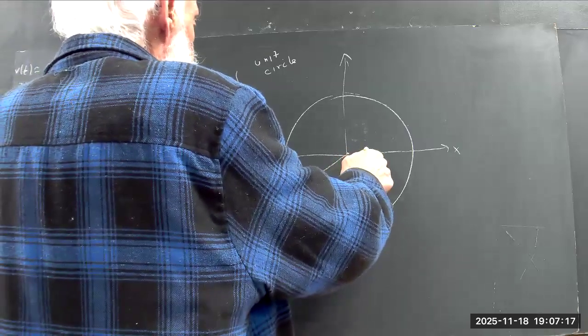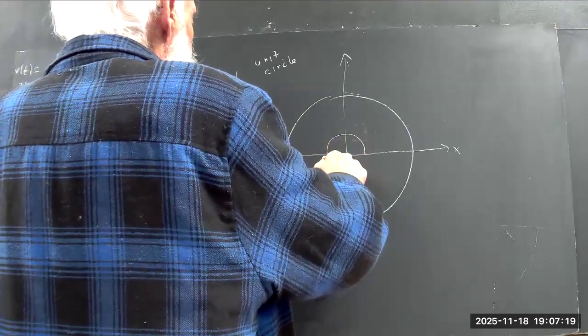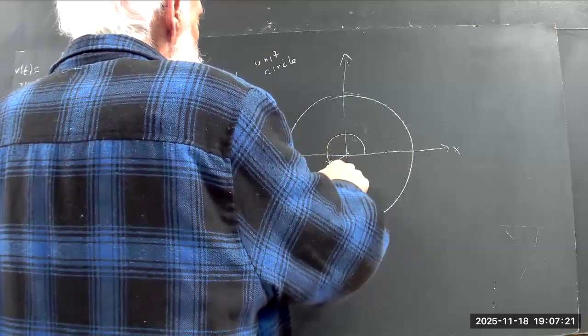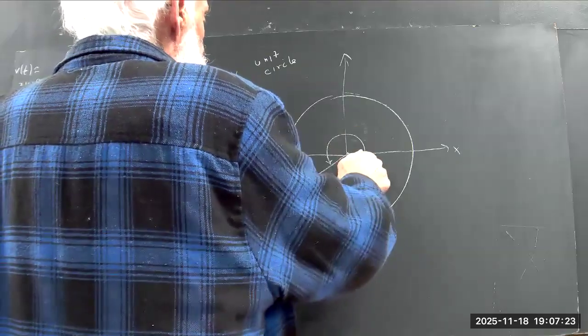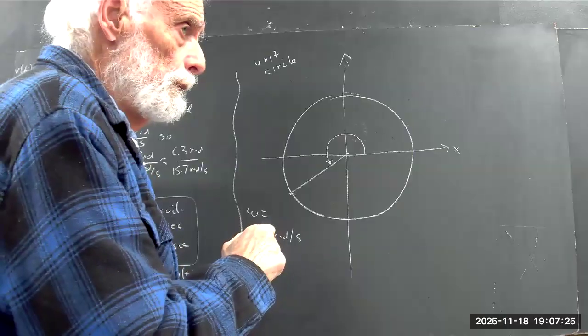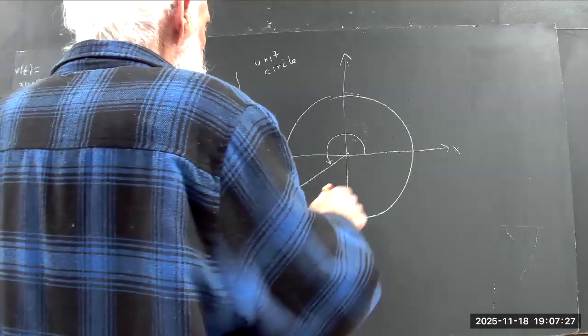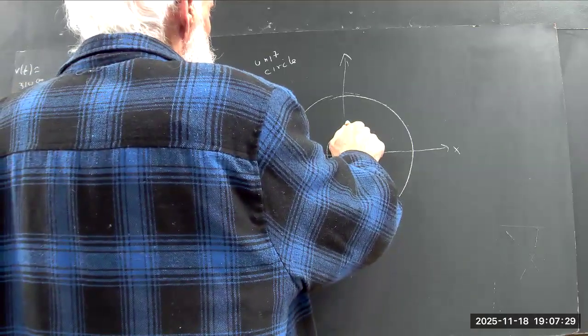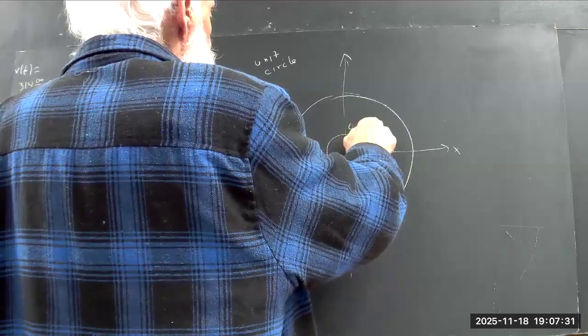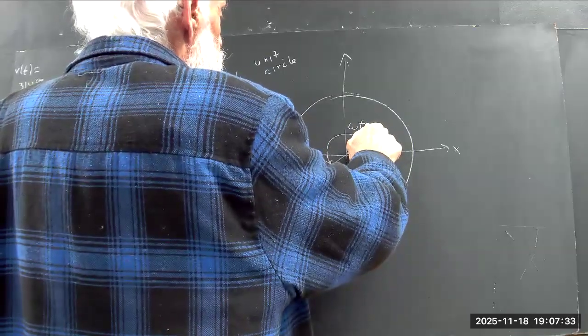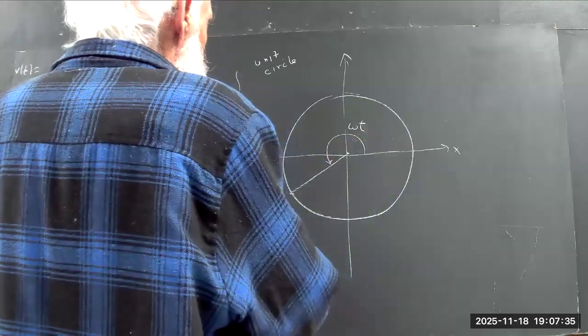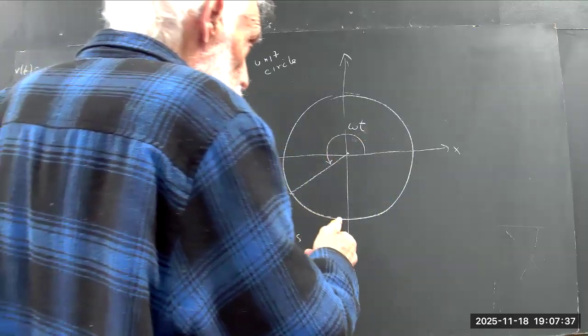So that at time t, the angle that we've gone through is omega t. In this case, it's 5 pi radians per second times t.